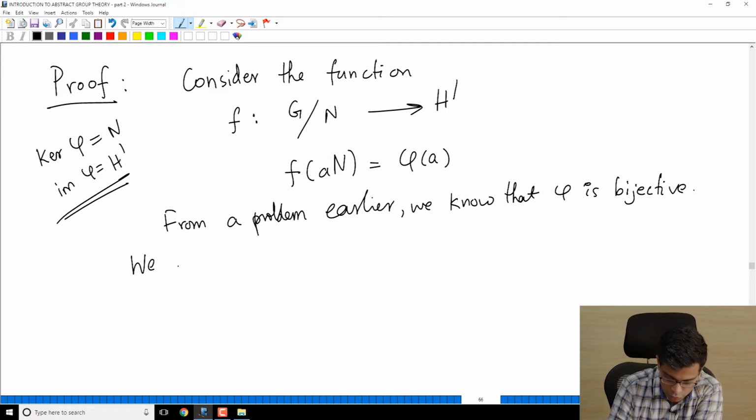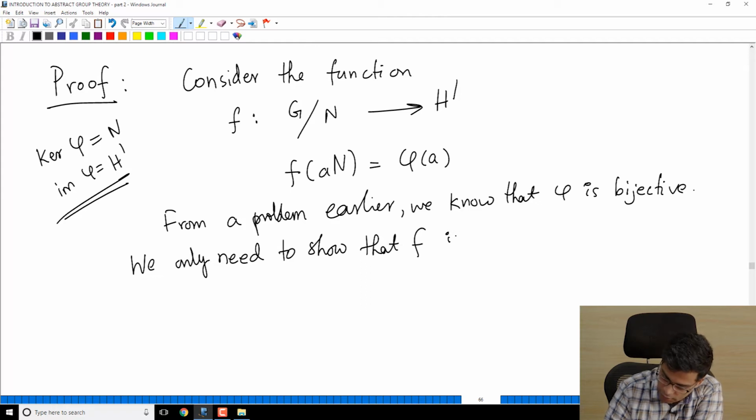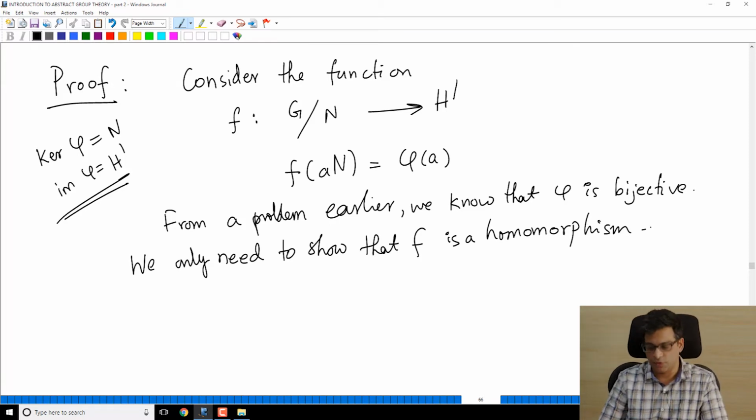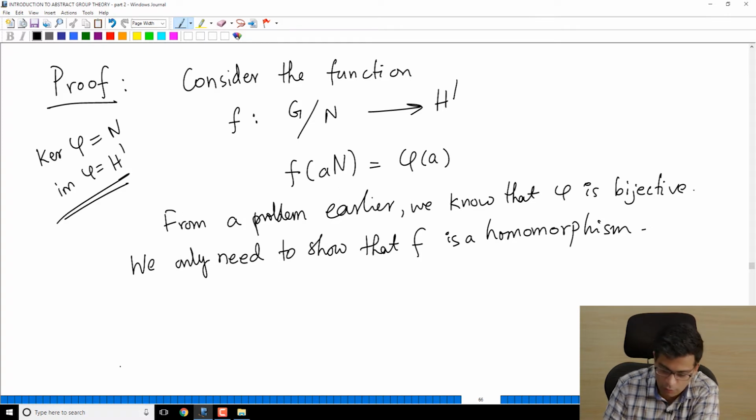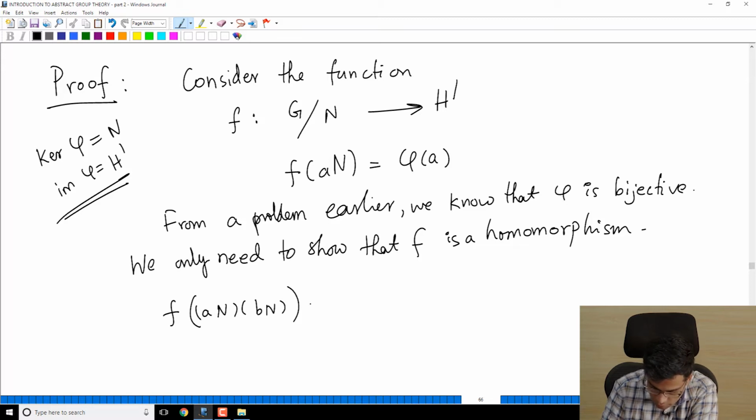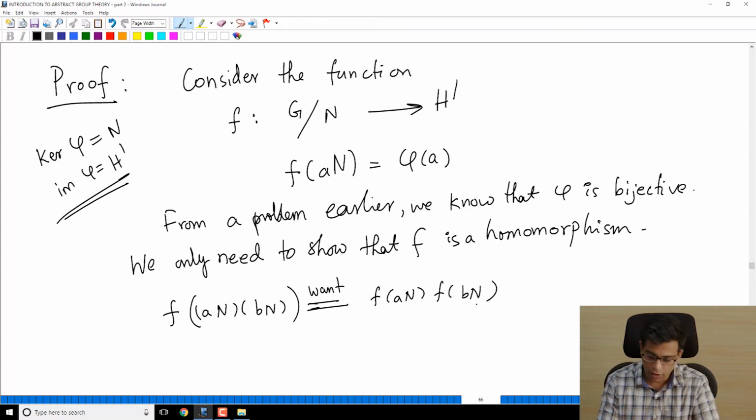So we only need to now show that f is a homomorphism, because a bijective homomorphism is an isomorphism. What does this mean? In other words, we have to show that f(aN times bN) equals f(aN) times f(bN). We want to check this.